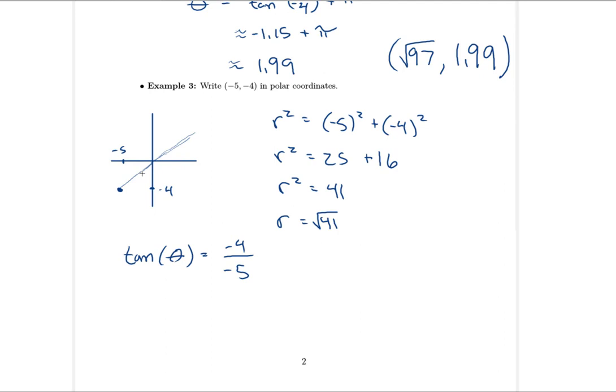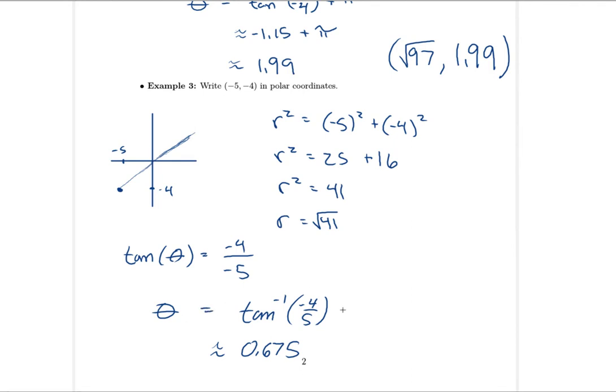And as you can see, if we punch this into our calculator, it's going to spit out 0.675. So if we take tan inverse of negative 4/5, that's approximately 0.675. We need to understand that 0.675 is definitely up here in quadrant 1, so we have to go pi more.